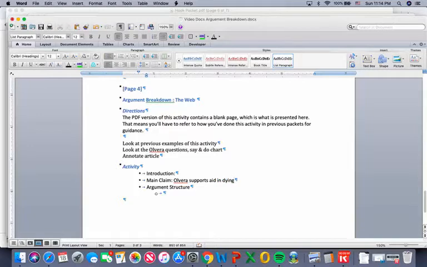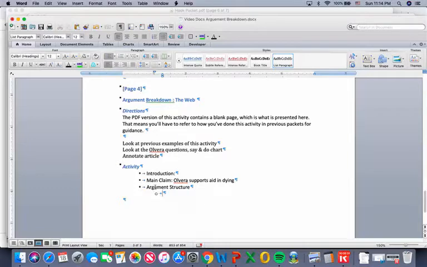That's a good place to start. As we make some of our arguments and those ideas get fleshed out, I think we'll come up with a more substantial main claim. So we've got our bullet points: introduction, and then main claim, which at this point is Olvera supports aid in dying.